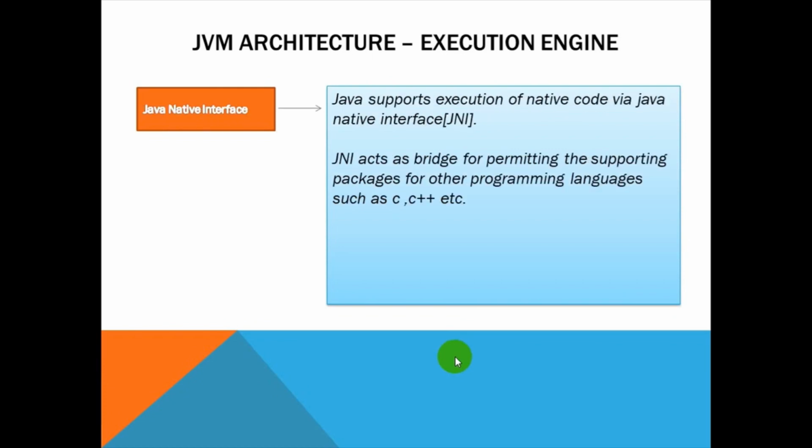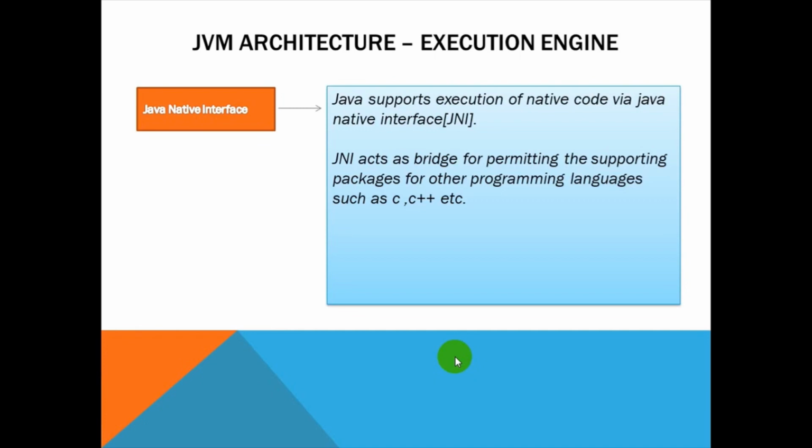Java Native Interface. Sometimes it is necessary to use native or non-Java code in Java programs. It can be for a case where you need to interact with hardware or to overcome the memory management and performance limits in Java. Java supports execution of native code via the Java Native Interface (JNI).